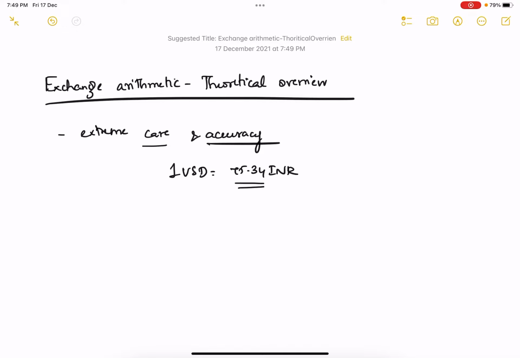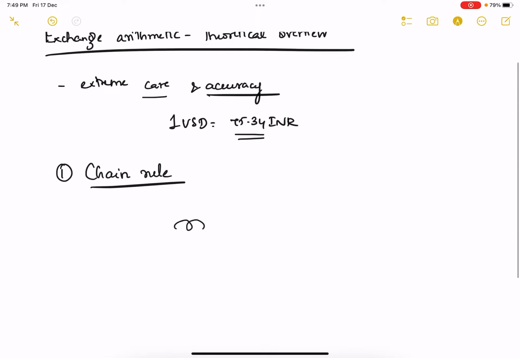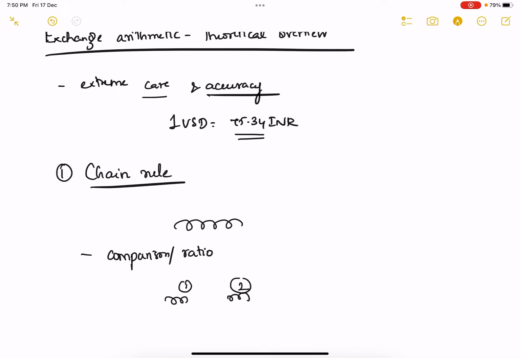So now we will move on to 4 important terms in foreign exchange. The first term is chain rule. As the name suggests, chain means a connection between one or two quantities. So this chain rule is used in comparison or ratio between two quantities linked together through another, and this consists of a series of equations.